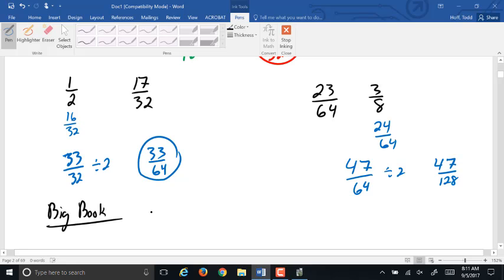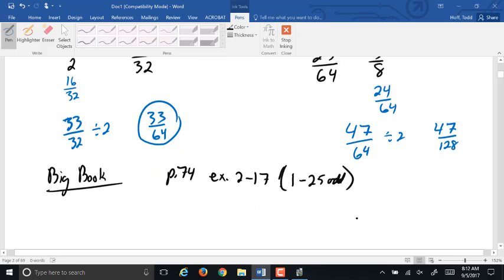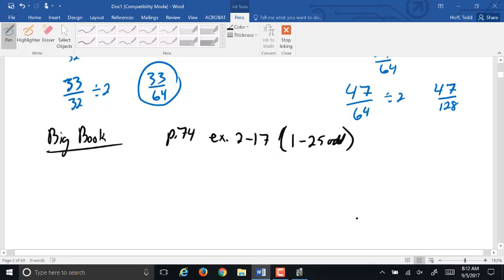In your big book, page 74, it's actually exercise 2-17, 1 through 25, the odds. Now, as I've said before, if you do the first couple and they're really easy, skip ahead a few.